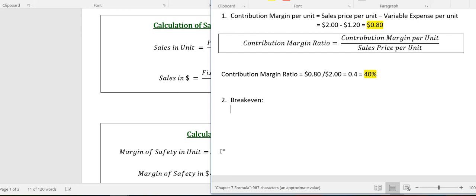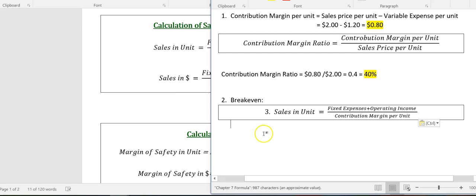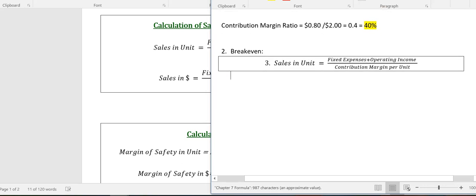Because during the exam, I will not give you the formula. Okay, so now if you want to calculate the break-even in terms of units, this is the formula: fixed expense plus operating income, which will be your numerator, and you have to divide it by contribution margin per unit.